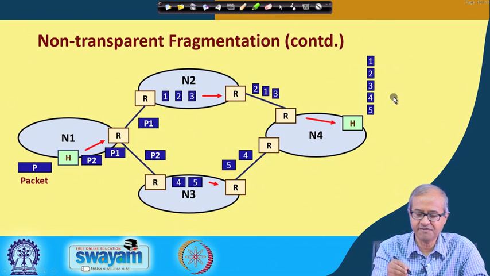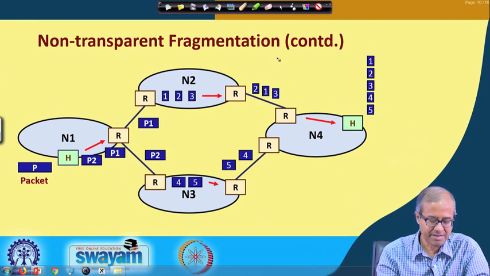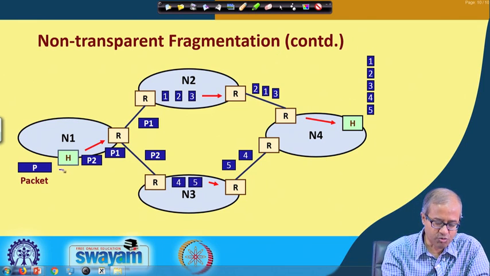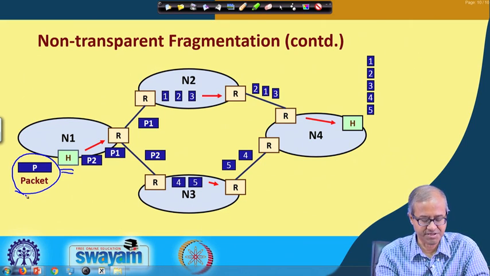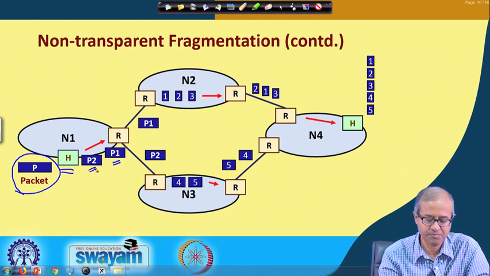Now, let me also illustrate non-transparent fragmentation with an example. Suppose this particular host in network N1 is generating a packet which has to be transmitted. Let us say this packet is large enough, so it is broken up into two fragments P1 and P2.